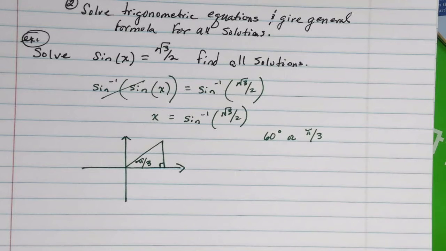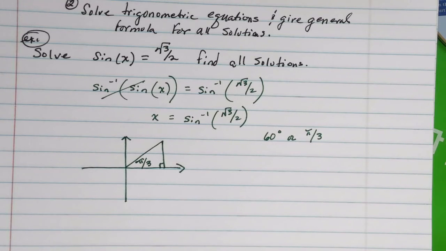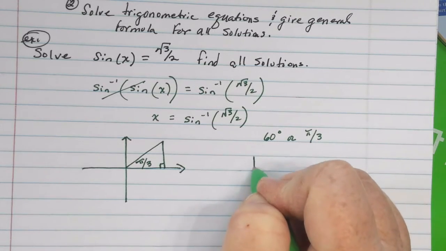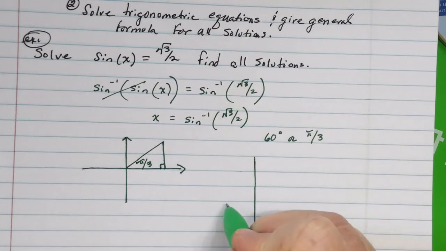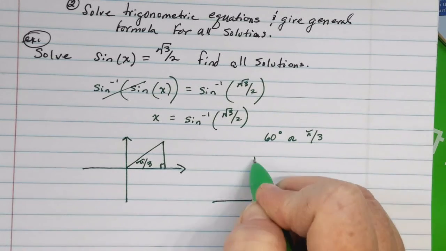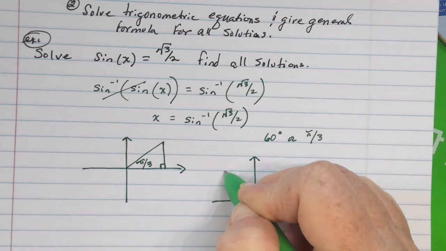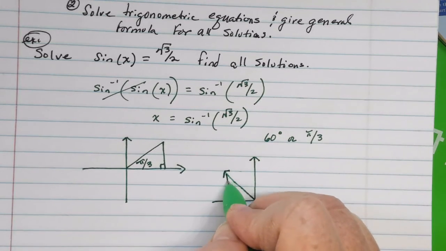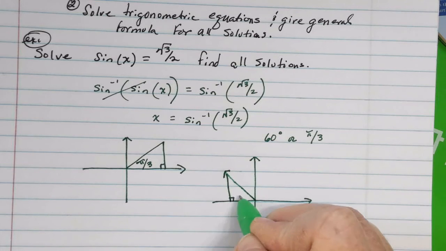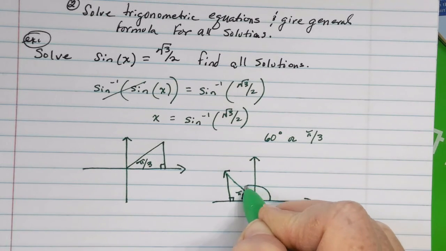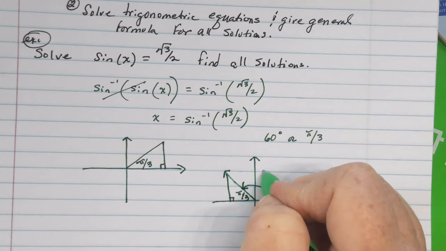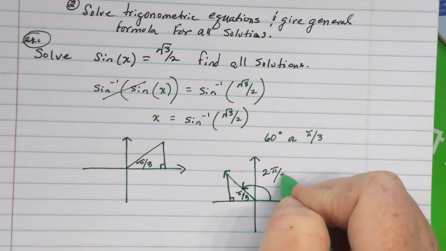So that's one solution. But sine is also positive in quadrant 2. So there is another solution, and that solution has a reference angle of pi over 3, but the actual angle itself is 2 pi over 3.